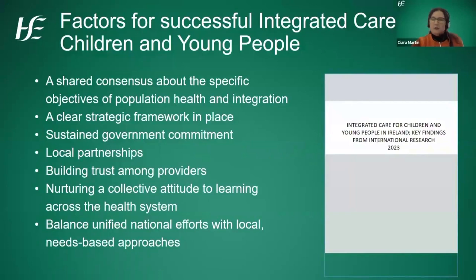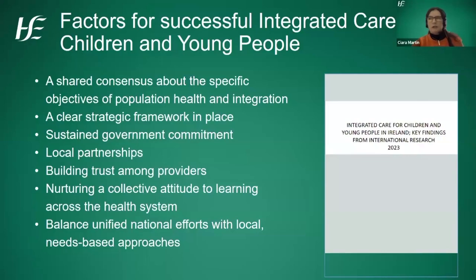And you can see how they reflect in the conversations we've had already today and in the work that you've described as well, Mary. So a shared consensus about the specific objectives of population health and integration is really important.